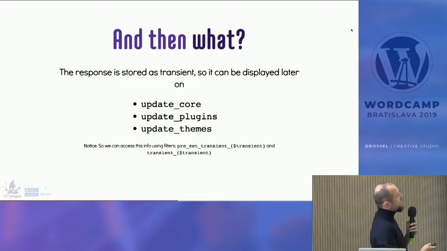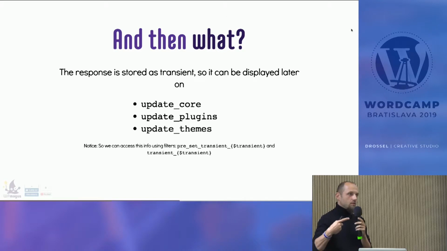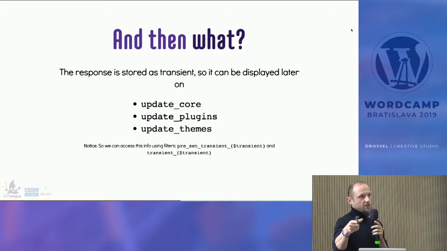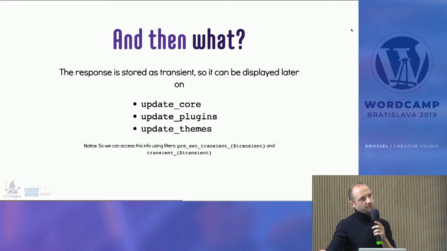These are the filters, preset transient and transient name. This filter allows us to modify the value of the transient just before it is stored in the database. So we get the response from the server, we can modify it, and store the modified version in the database.